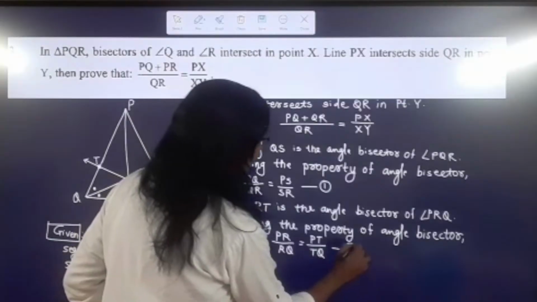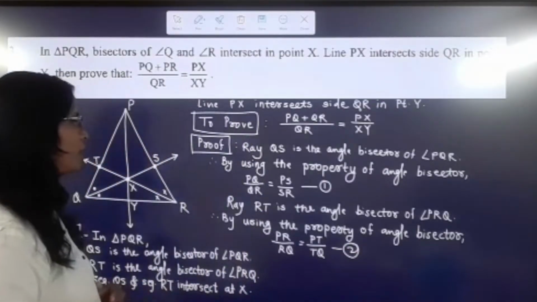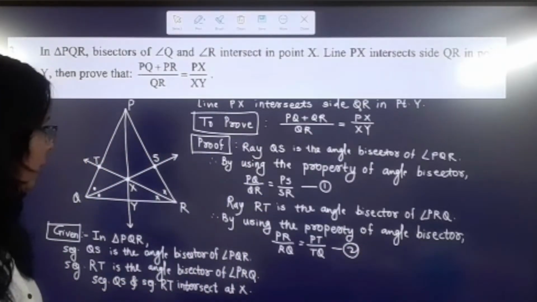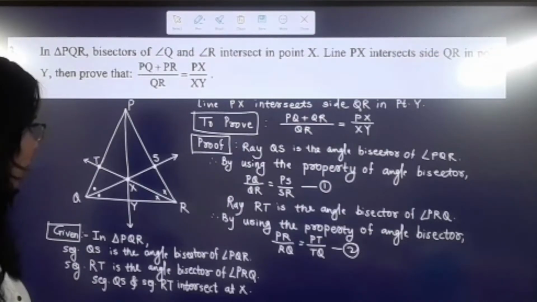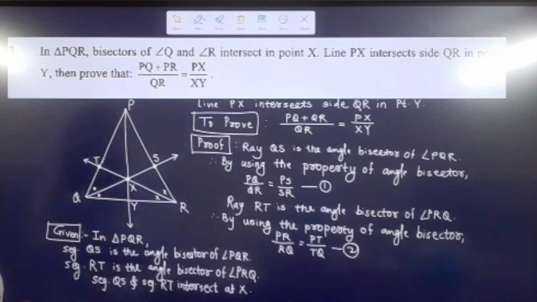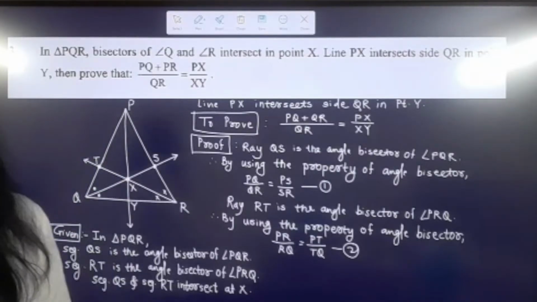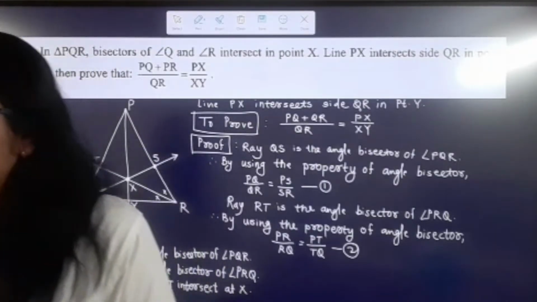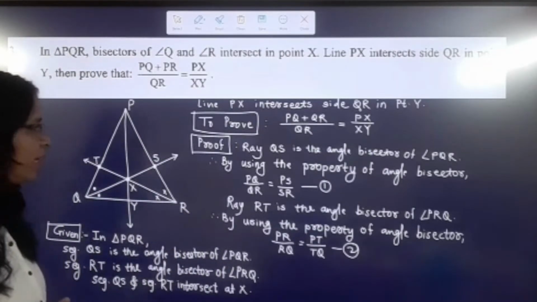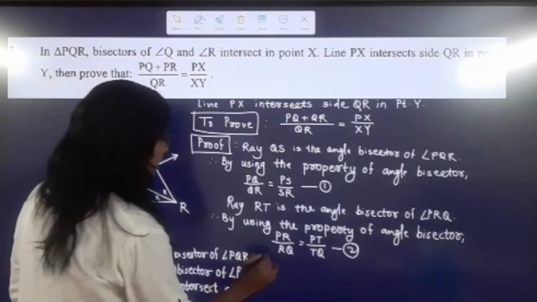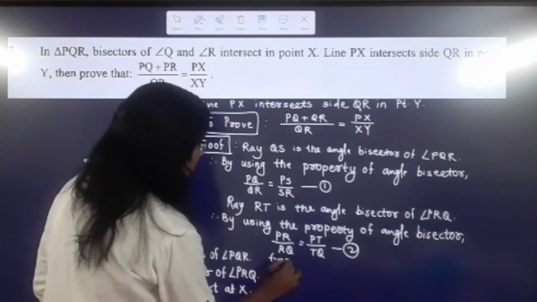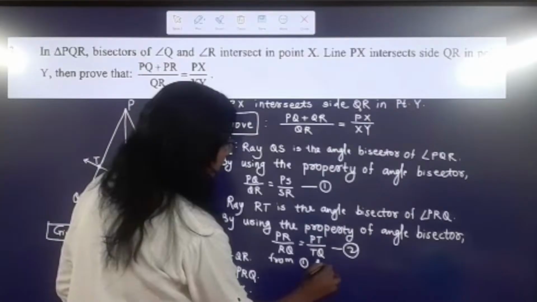So now I call it as the second one. So now here, students, see that nothing is that similar to each other. So now here, students, from 1 and 2 I added these, adding 1 and 2.